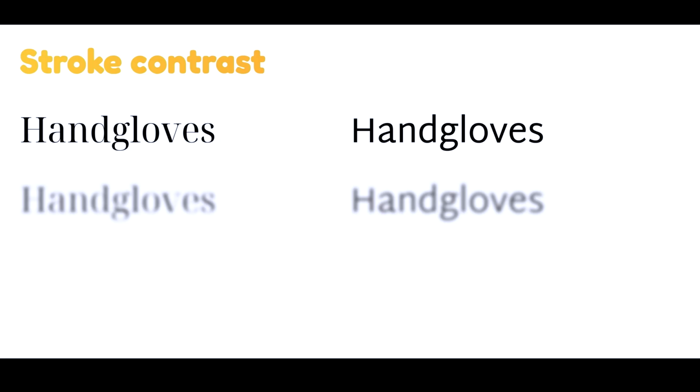And if you look at the blurred versions, in the one on the left, the thin strokes pretty much disappear, and that makes the letter shapes hard to recognize. Whereas on the right, the letter forms are generally well preserved.